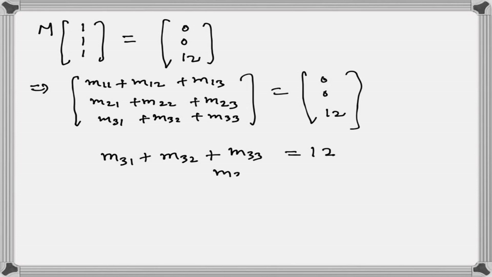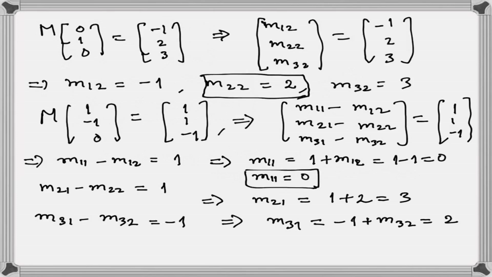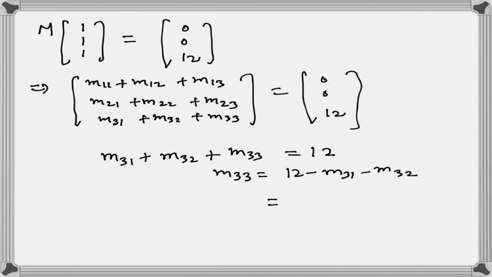So M33 is 12 minus M31 minus M32, which is 12 minus 2 minus 3, so it is 7. So we get M33 as 7.